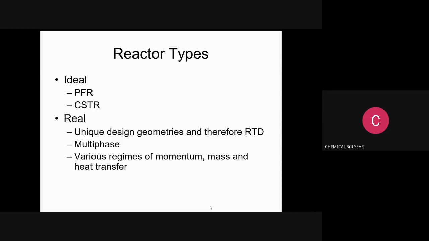The first one, momentum, has been clearly explained. If you have any doubts, you can ask after the class session. The second one is mass transfer. In mass transfer, we have to study how the mass is transferred in the reactions, when the reactor or reaction is happening, into the different states.